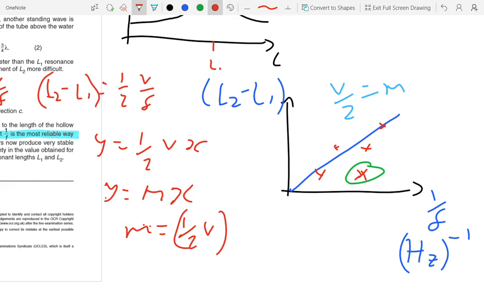It could also have the graph with loads of data points plotted on it and a table as well, with a couple of values missing from the table and a couple of values missing from the graph, and ask you to complete either or both of them. So just make sure you know what it's roughly going to look like.